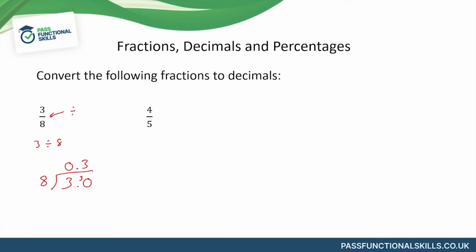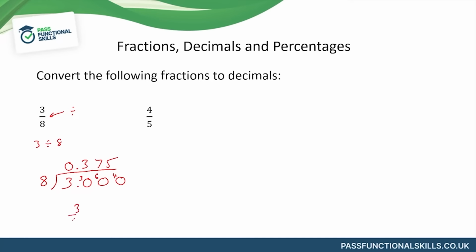So that's 3 with a remainder of 6. So put in another 0 and then the 6 can sit on there to create 60. What is 60 divided by 8? Well, that is 7. 7 8s are 56. So that is a remainder of 4, which will sit on this 0 that I've just written in. 40 divided by 8 is 5.